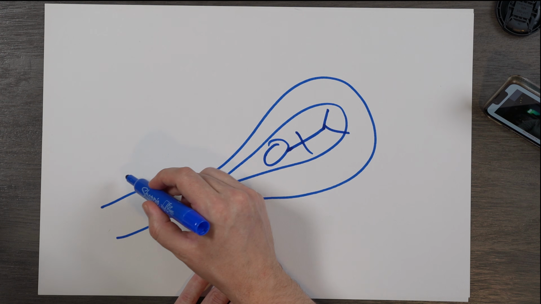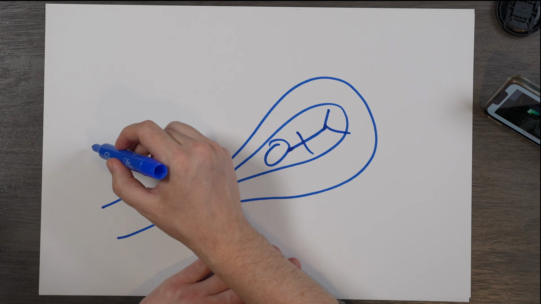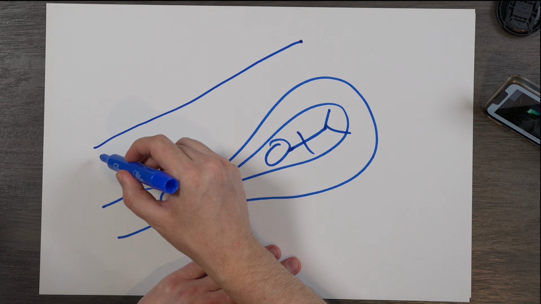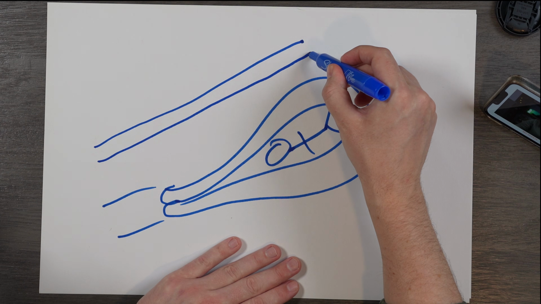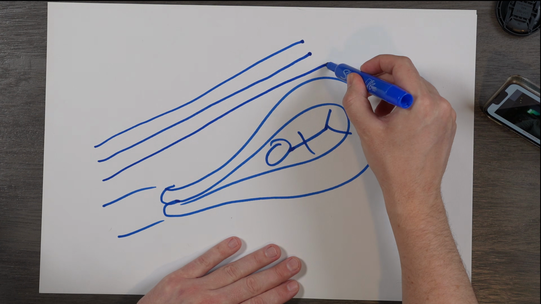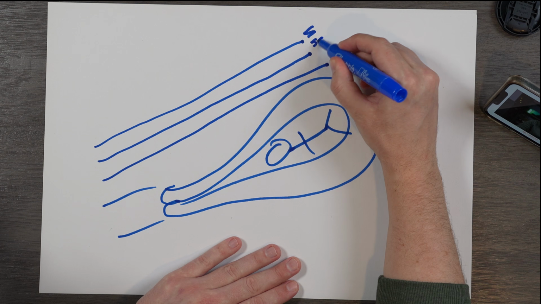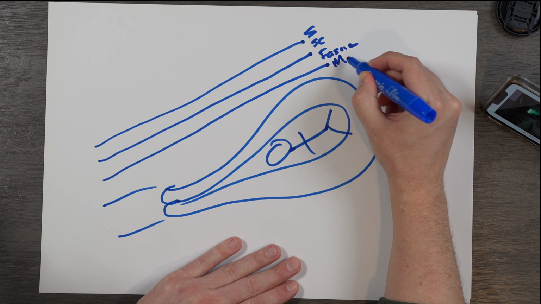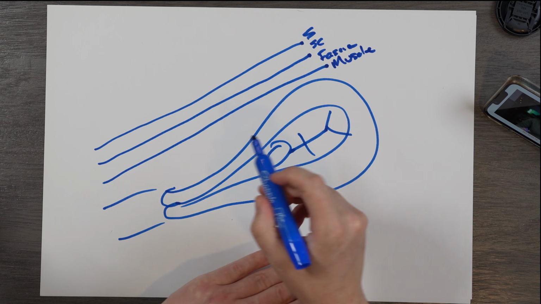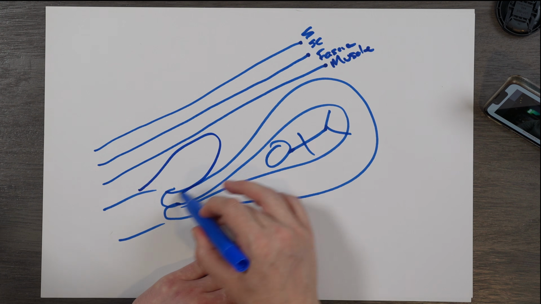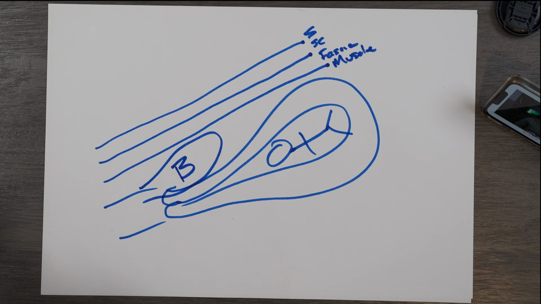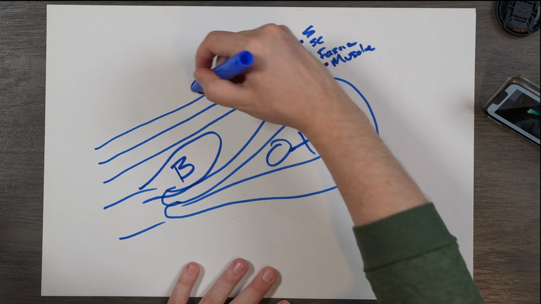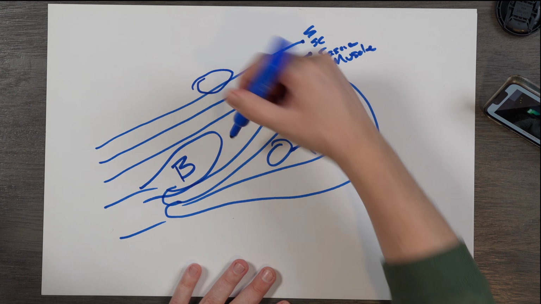When we're doing a C-section, for whatever reason that might be, there is the skin layer, the subcutaneous or fatty tissue layer, and the core rectus layer. So skin, subcutaneous, we'll call this the fascia, and the muscle. Okay, and then the bladder is on the lower part of the uterus here, and we'll label that bladder, okay? So often when we're starting our C-section, it's right there, and we're going to go through these different layers.